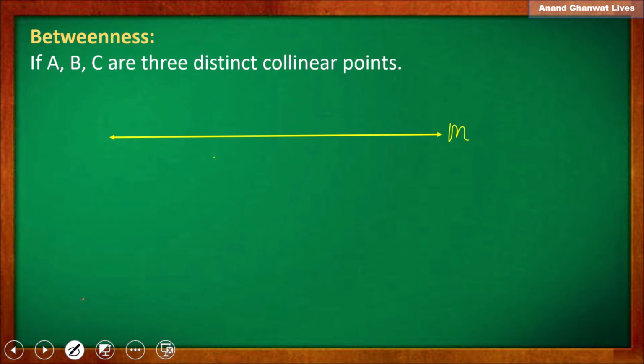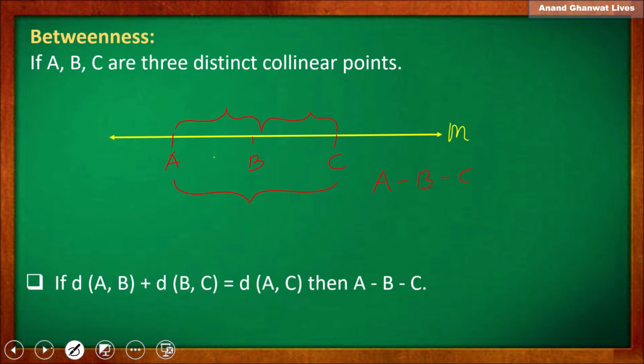Take point A, then point B, and then point C on the same line, that is line M, such that the distance between point A comma B plus the distance between point B comma C is equal to the distance between point A comma C. In this condition, you can say that A dash B dash C means B lies between point A comma C. So if AB plus BC is equal to AC, then we can say that A dash B dash C means B lies between A and C.